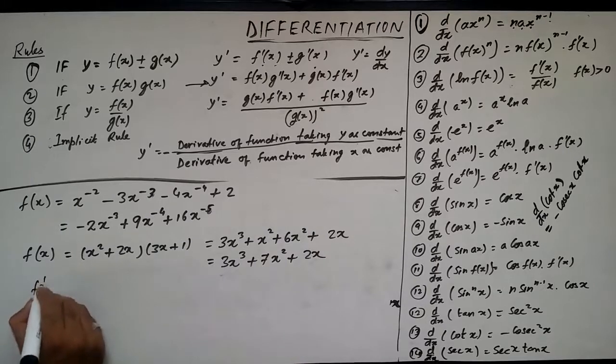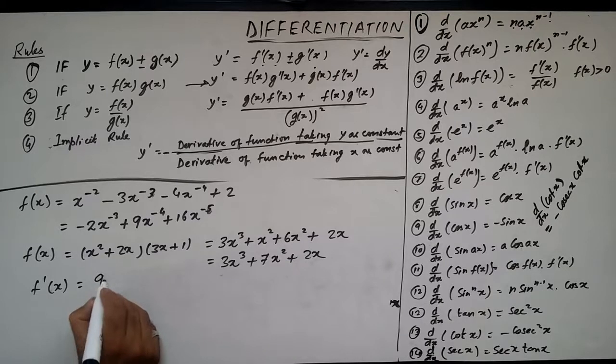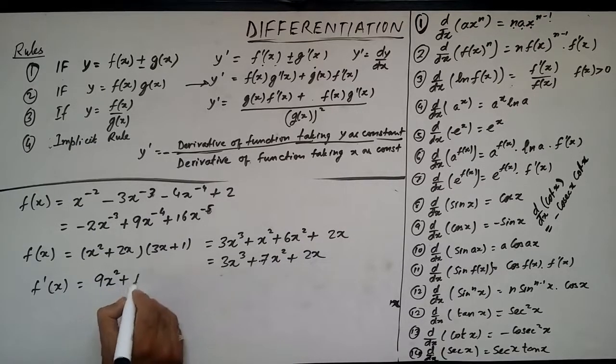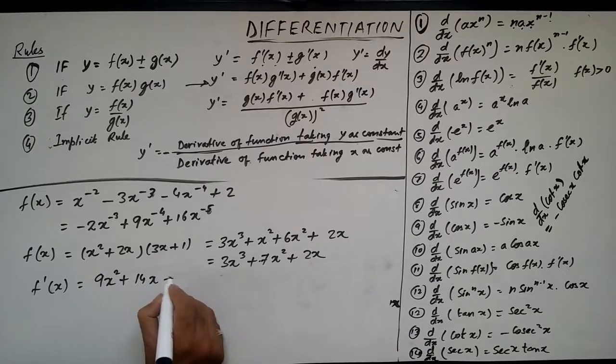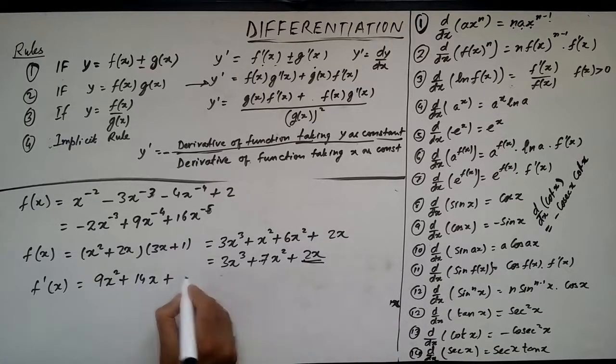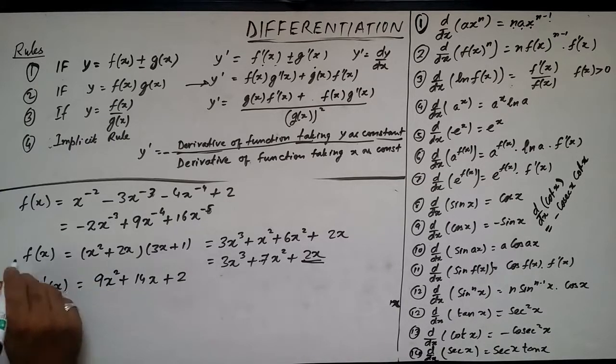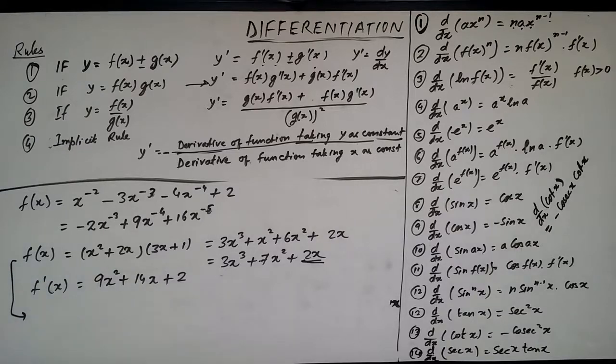So the derivative of that function, f dash x, is equal to 9x squared, 3 minus 1 is 2, 2 into 7 is 14x, plus derivative of 2x is 2. Okay. Now let's do it by applying the product rule.